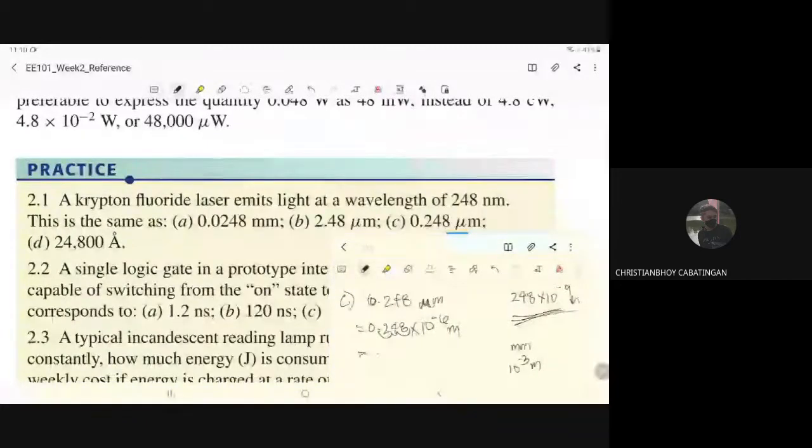So, dapat negative atong idugang sa atong exponent. We have here 248 times 10 to the power of negative pila? 9. Negative 9 meters. So that is why the answer is letter C. Ang 248 nanometers is equivalent to 0.248 micrometer.